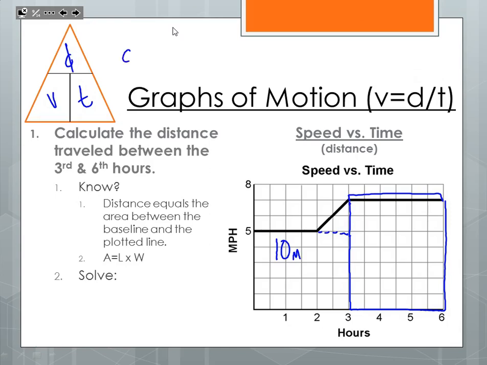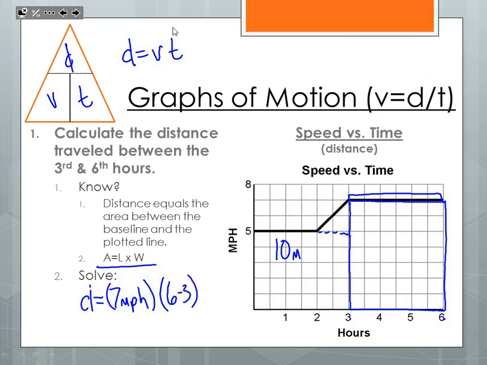So if I know that distance is found by looking at speed times time, the same thing as taking the area, I'm going to say that my distance equals my speed, and I know that my speed stays constant at 7 miles per hour, and that my time was from 3 to 6, or we would say 6 minus 3.